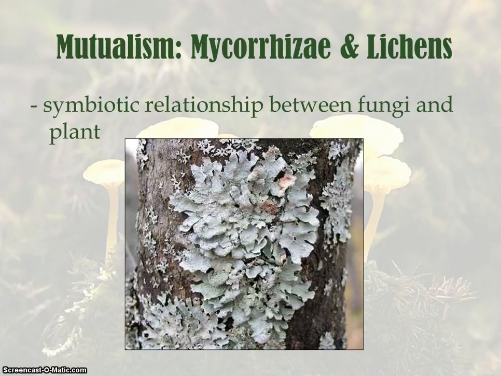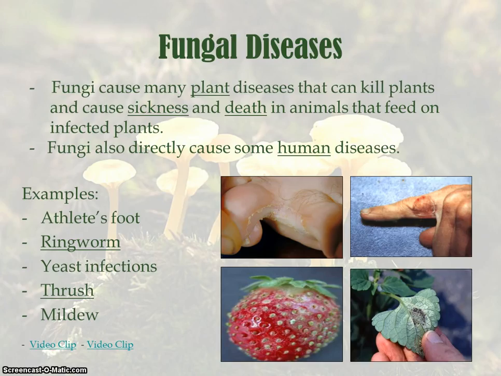The lichen is also getting the leftover food source from that, and the fungus is actually getting protection. It's being able to blend in. It's getting a kind of camouflage protection in this type of relationship.